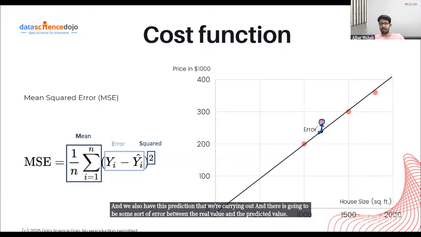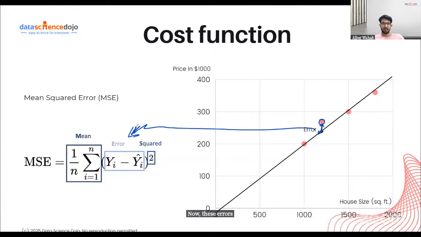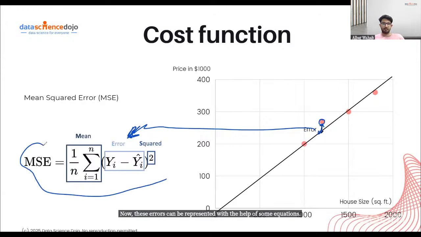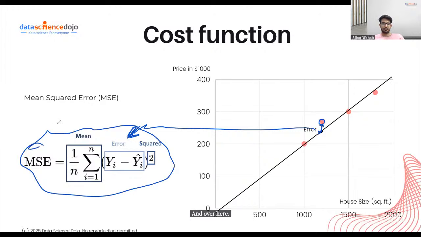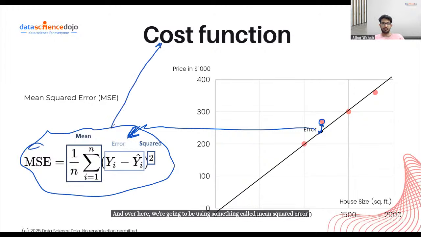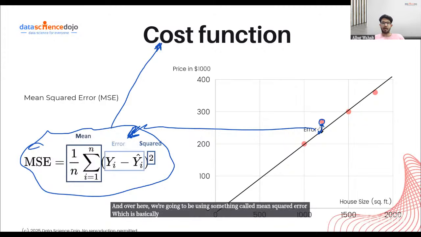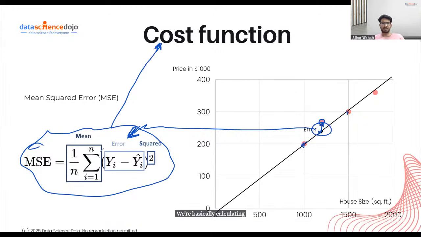Now, these errors can be represented with the help of some equations. Over here, we're going to be using something called mean square error, which we can use to figure out how good or how bad our model is. We're basically calculating all these errors and summing them up together. And that's what a cost function is.